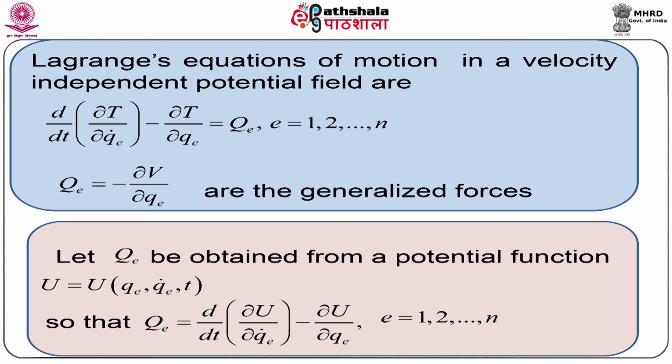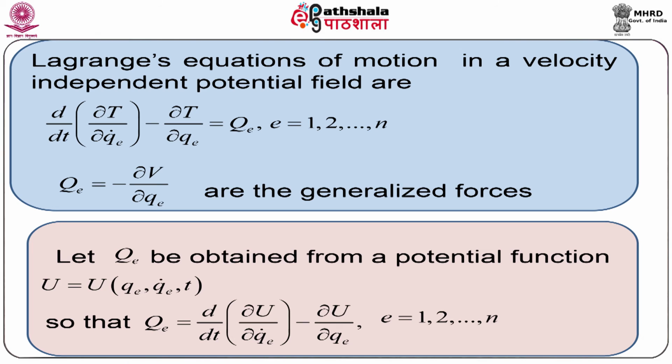Let capital Q_j be obtained from a potential function capital U, which is a function of generalized coordinate, generalized velocity and time t, so that capital Q_j can be expressed in this way.